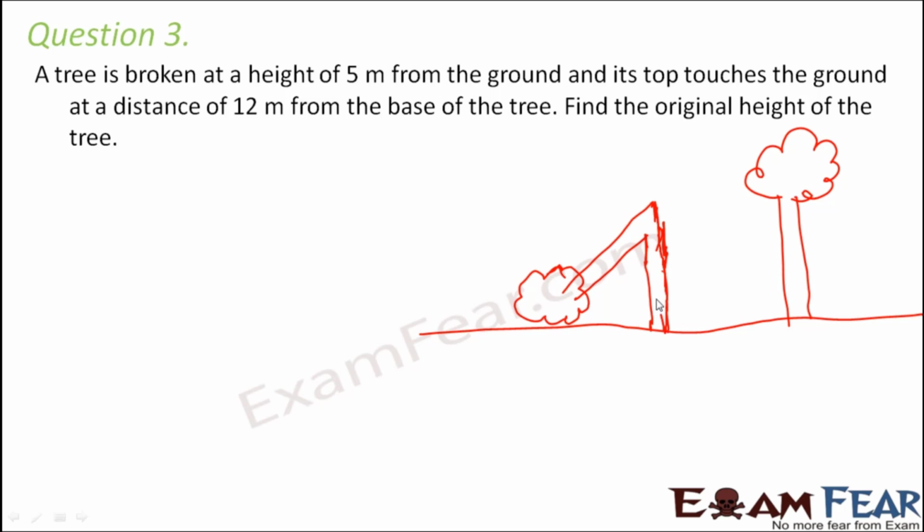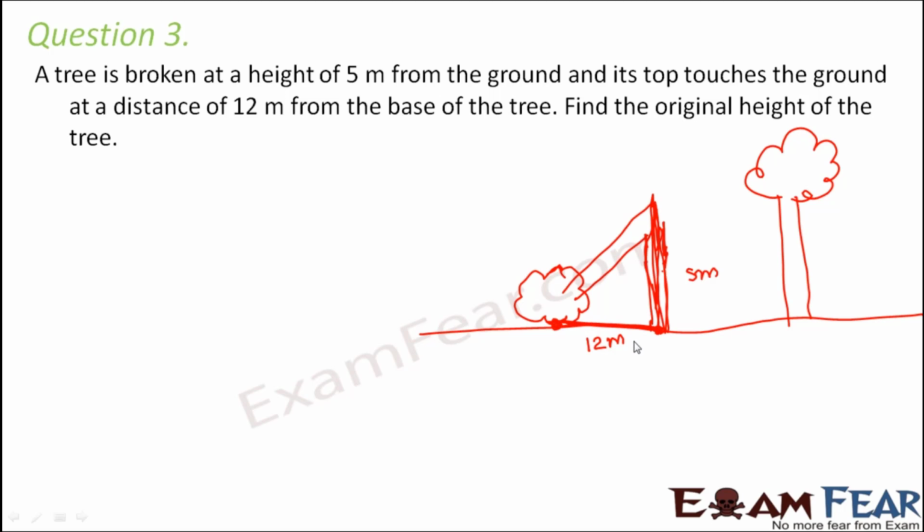That means this height is actually 5 meters. And it also says that the top touches the ground at a distance of 12 meters from the base of the tree. This is the base of the tree and this is where the top touches the ground. So basically this distance is given as 12 meters.